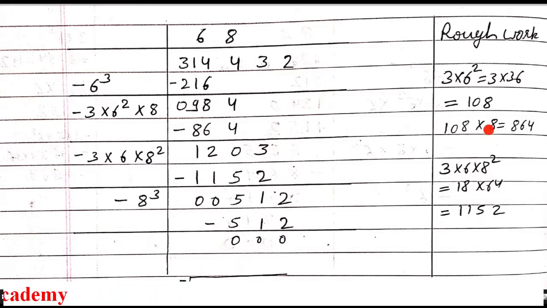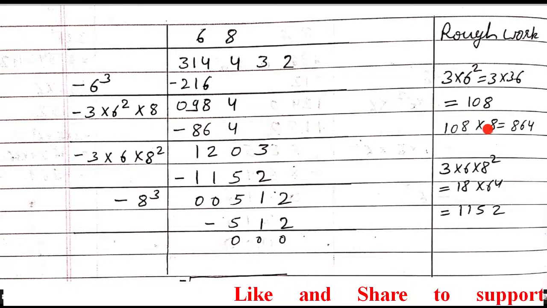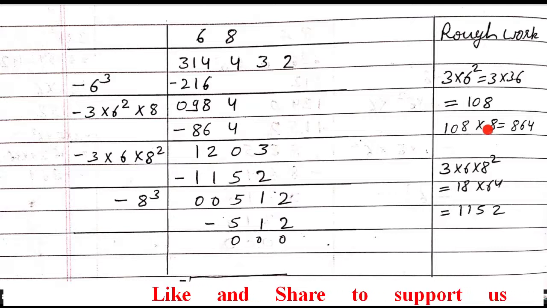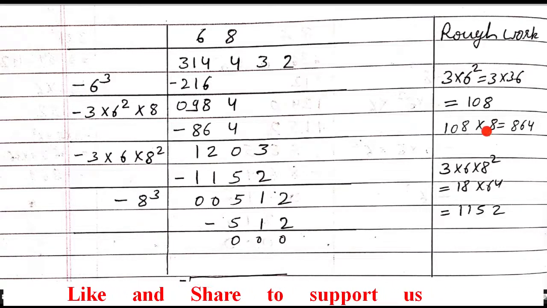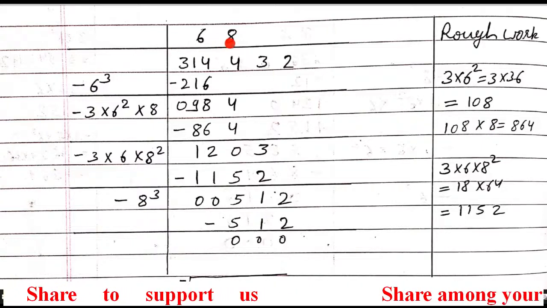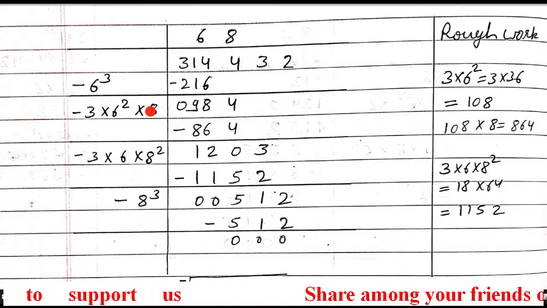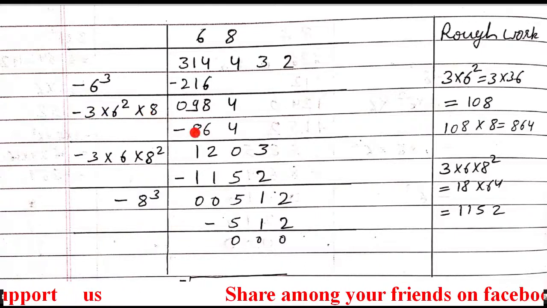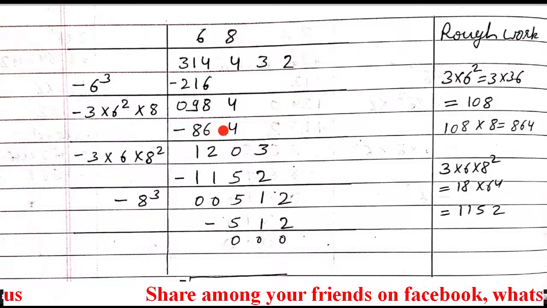That's why we selected 8, because when we multiply 108 by 8, it's going to be 864, which is just less than 984. If you multiply by 9, it's going to be more than 984. So we selected 8. Since we selected 8, write 8 in the answer also, and here also 8. So finally the product of it is 864.